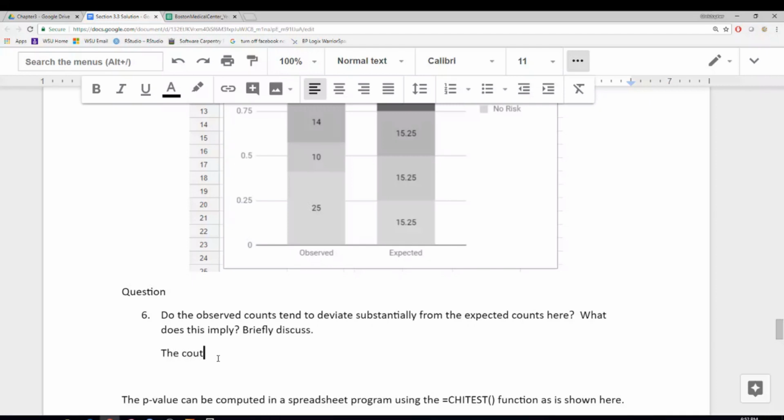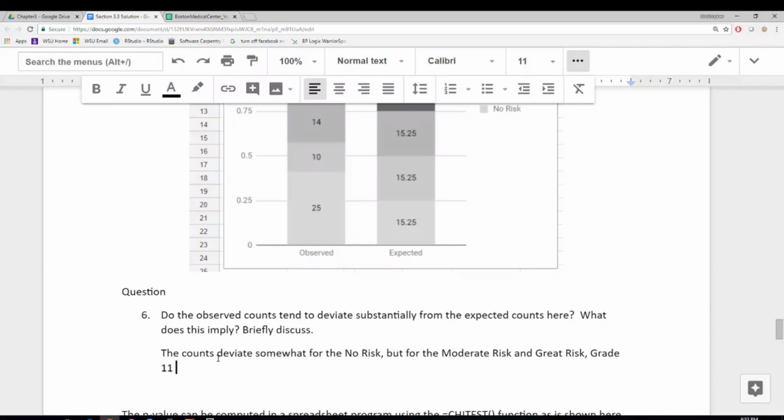The counts deviate somewhat for the no risk group, but for the moderate risk and great risk, grade 11 males from Fillmore County are pretty close to the expected. So it's kind of hard to tell here.